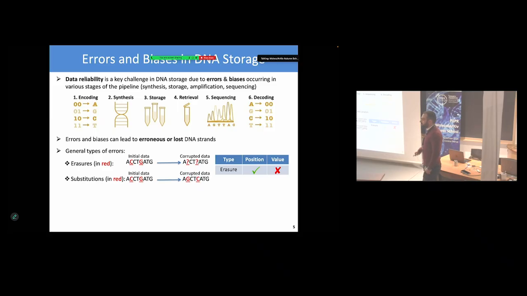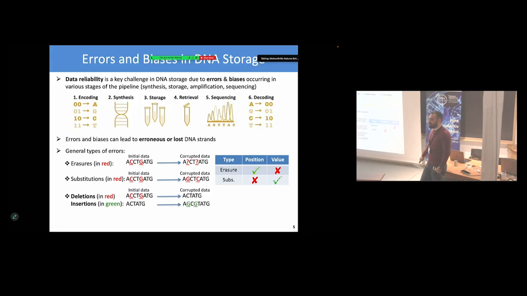Then the second type is substitutions, where some of our symbols get substituted by other symbols. In this case, we don't know the position of the errors, but if someone told us what the position of the error was, we can infer something about their value. Imagine that this is binary. If you know that there's an error at position 2, then you just flip it, right? So substitutions are more challenging than erasures in this sense because you don't know the position of the errors.